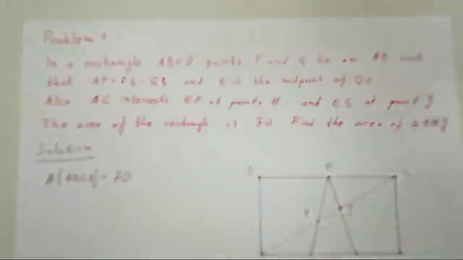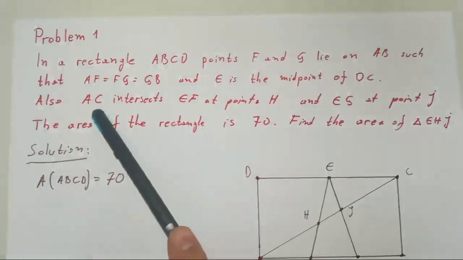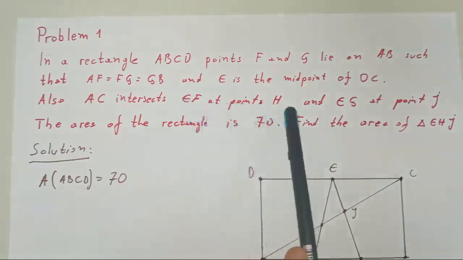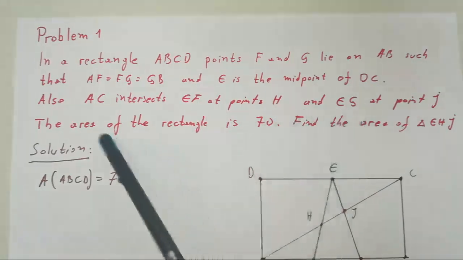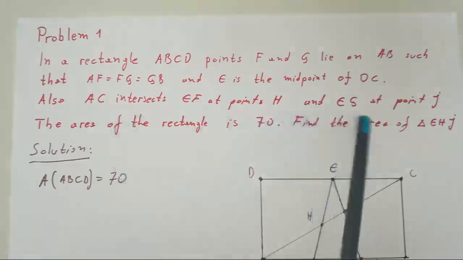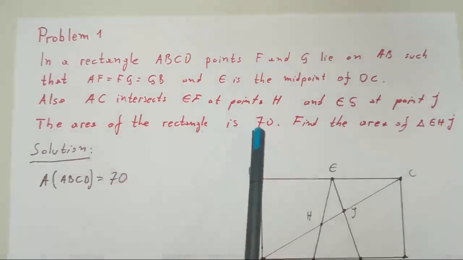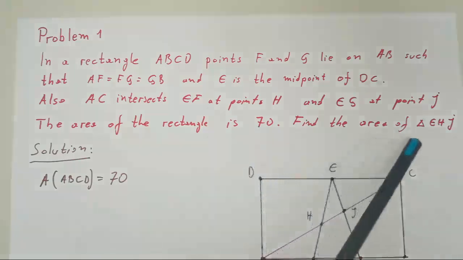Also, the intersection of line AC with EF is point H, and the intersection of AC and EG is point J. It's given that the area of this rectangle is 70, and it says find the area of the triangle EHJ.